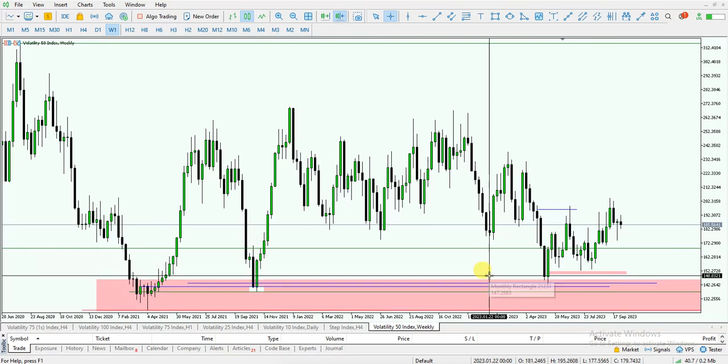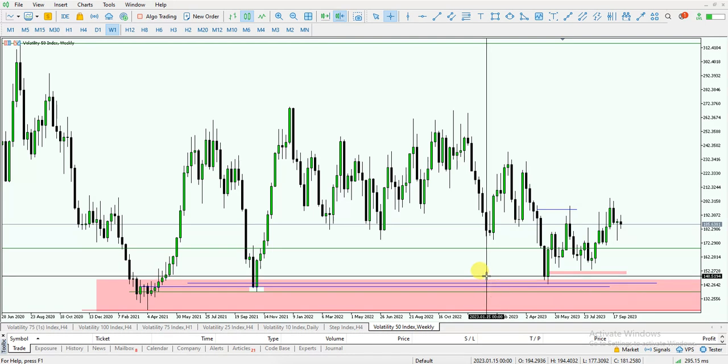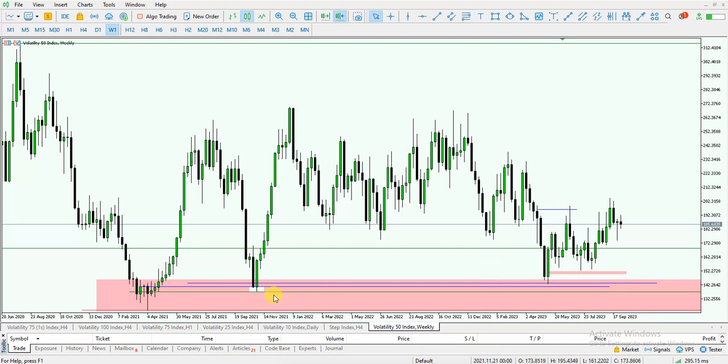So rather, let's look at the smaller time frame. We are on a weekly, so let's see if we can have a clear depiction on the daily time frame, to see if we have price trading into a mean threshold on the daily. Okay, so we have this price action highlighted here.